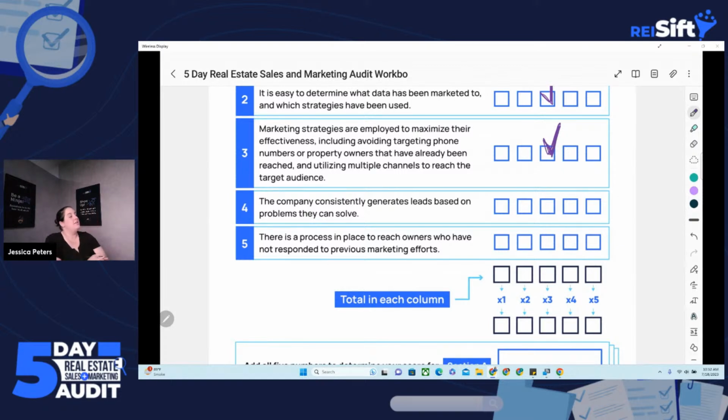All right, so the company consistently generates leads based on problems they can solve. So you're consistently generating the leads, meaning you're getting consistent generation. You can rely on it, and you have a process in place. So what it means by problems you can solve: you are really good at handling a particular situation or vexation. Like, let's just take pre-foreclosure, for example.